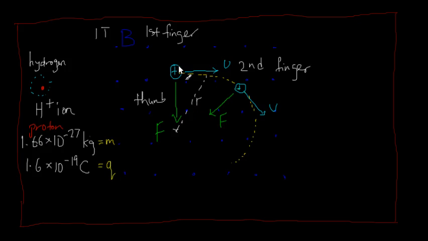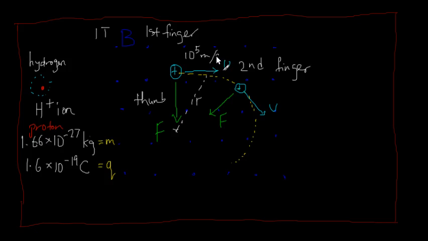Okay, so there we have the mass and the charge, and I should also need the velocity. Protons are very light particles, so we can make them travel very fast. For this example, I'm going to take this to be 10 to the power of 5 meters per second.